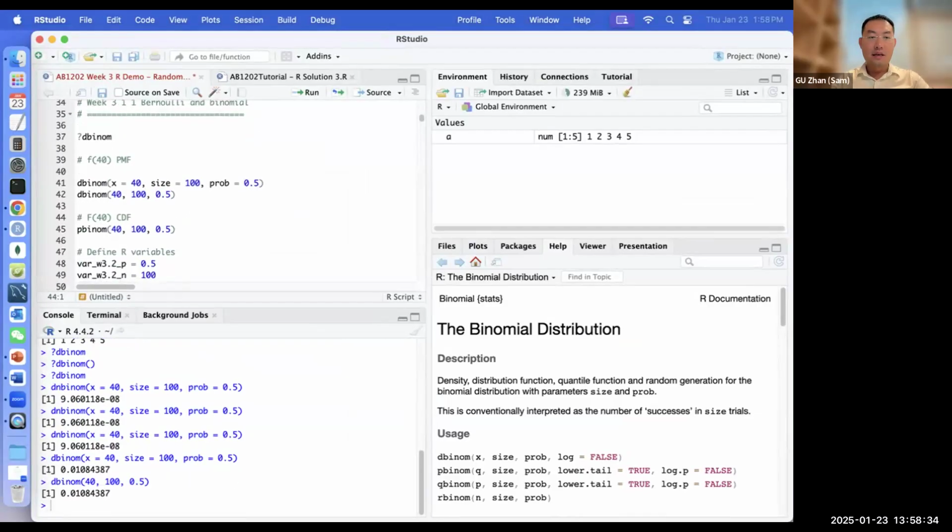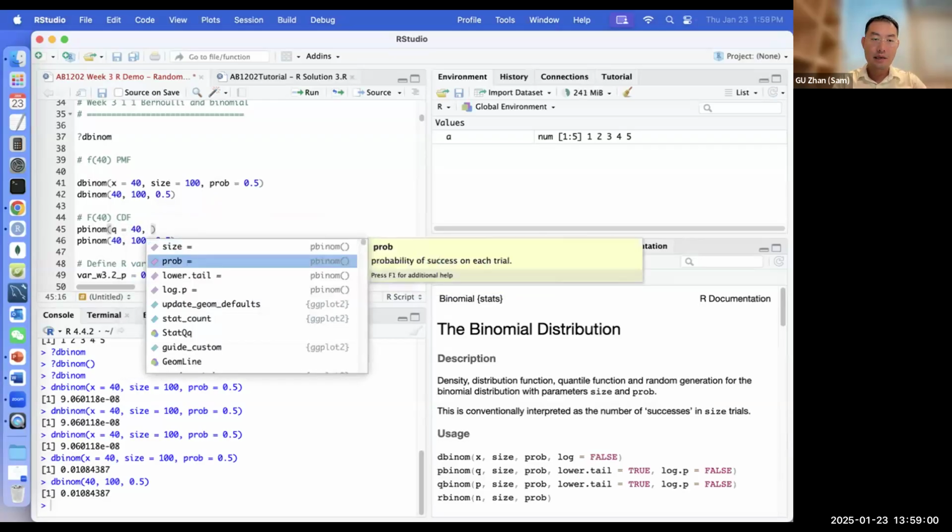Next is the cumulative distribution function, pbinom. It says q. You notice that is a q, that is a size, that's a probability. q equals to 40.